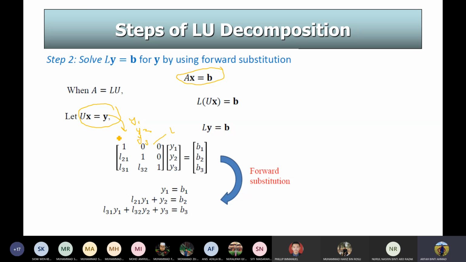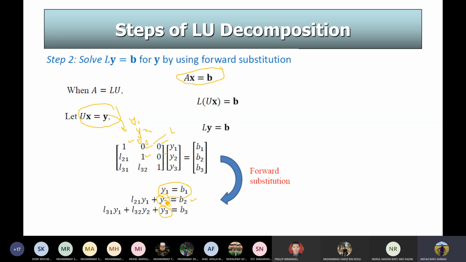Forward substitution, because yours is 1, 0, 0. So 1 times Y1 equals B1, so we directly get Y1. Then L21 plus Y2 equals B2, so you can solve for Y2 and the next one you can solve for Y3.